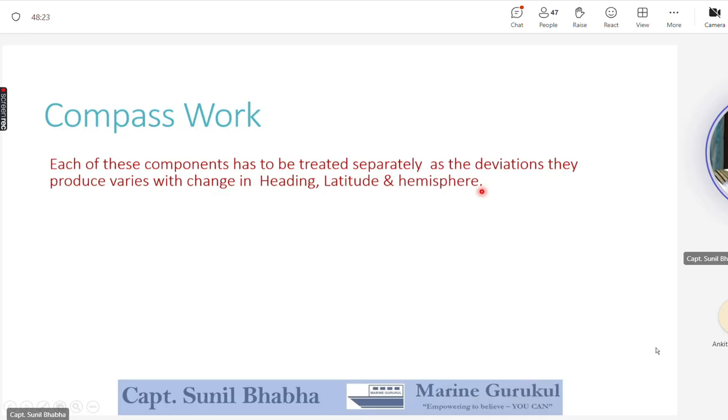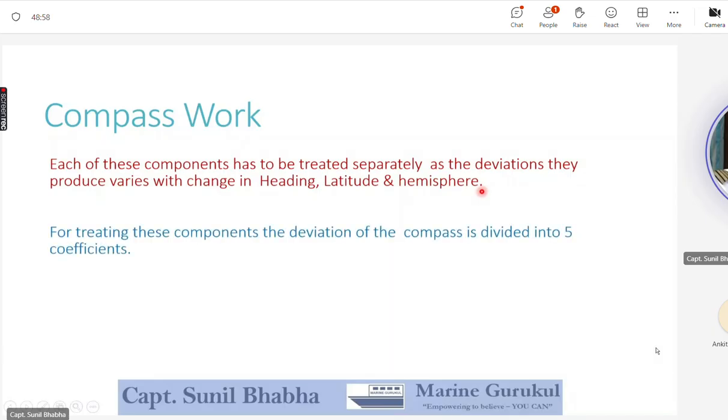So our corrector should be such that it senses that the fore and aft longitudinal has now become powerless, and the correction which it was providing is also brought to zero. So we need a correction mechanism for each of these components, treating them separately, and it should keep changing its correction depending upon the change in the permanent or induced magnetism of the ship. This is what we call component compass work.